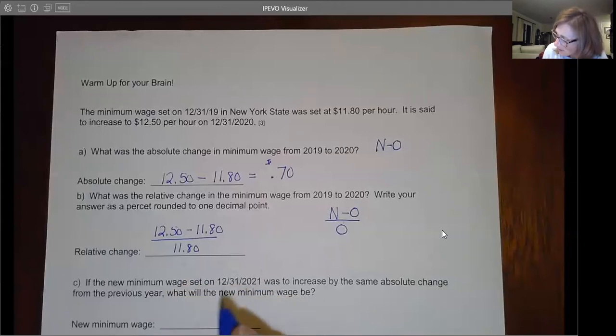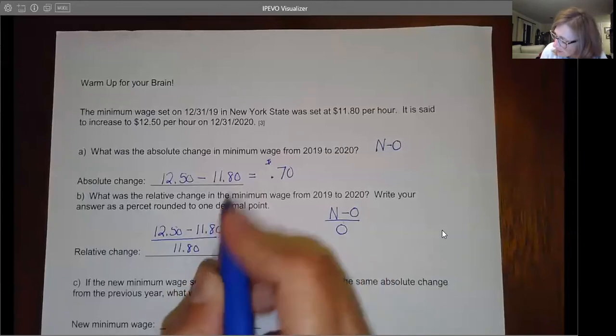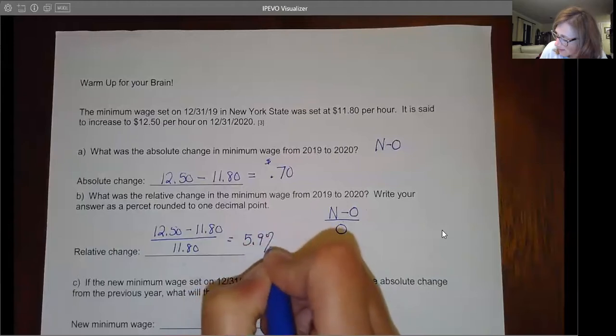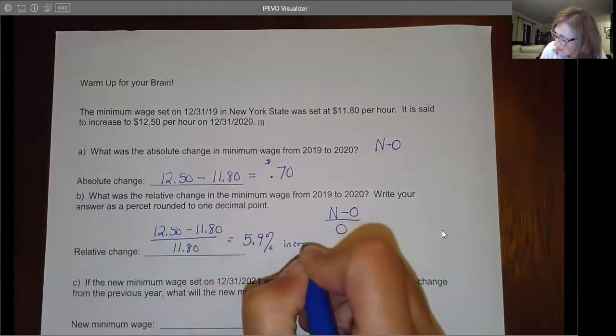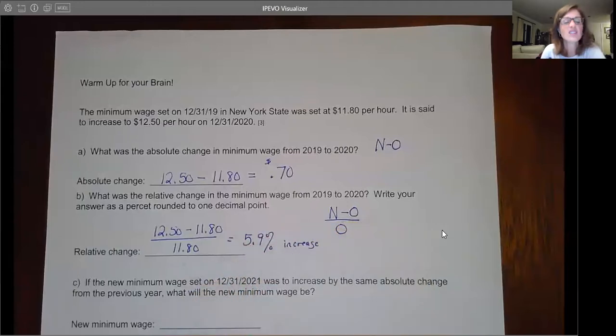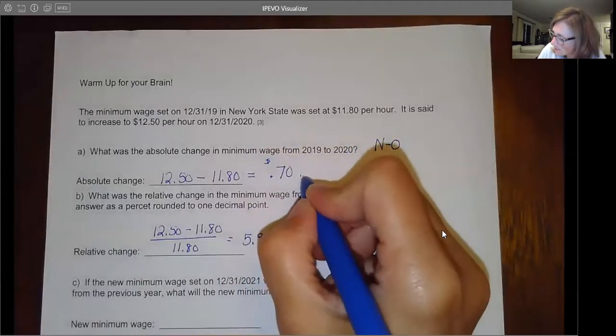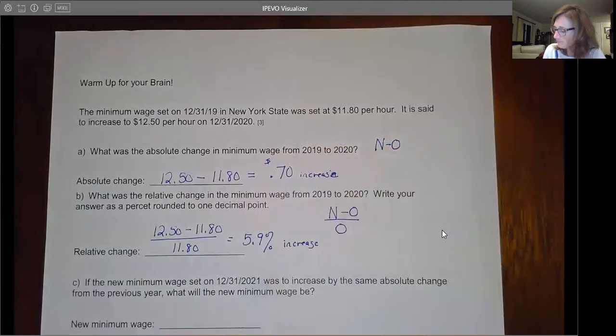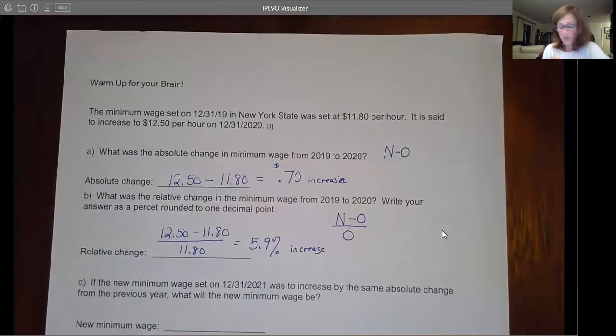It doesn't say to round, so let's round it. Oh, it does say 1 decimal point. So 5.9% increase. Just put increase. This is an increase as well, because it's positive, so that means it's increasing. All right, so new minus old over old.